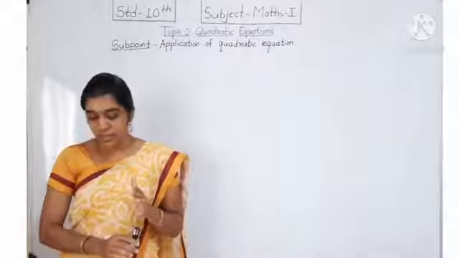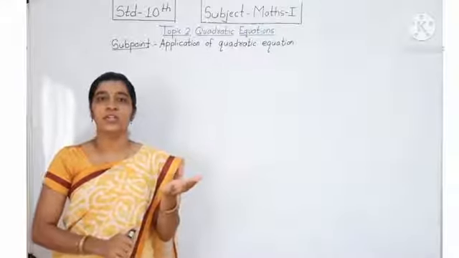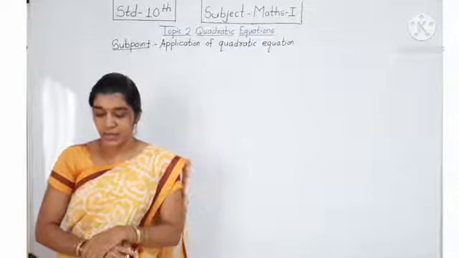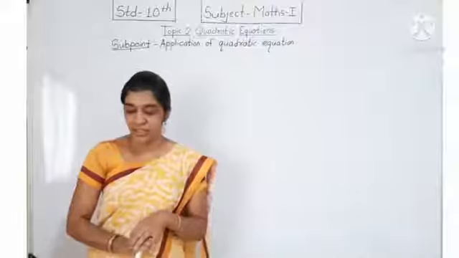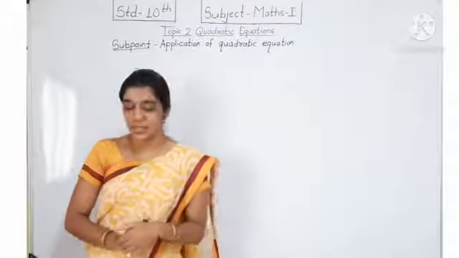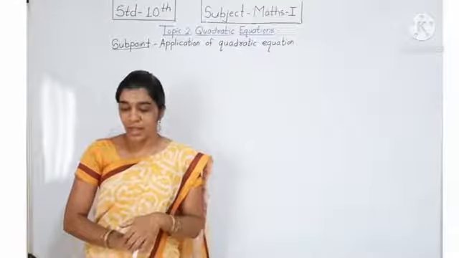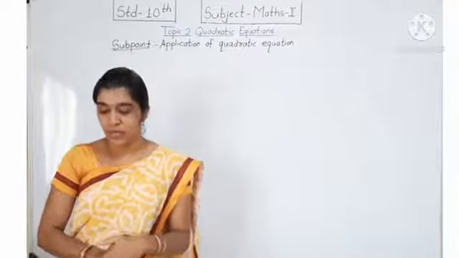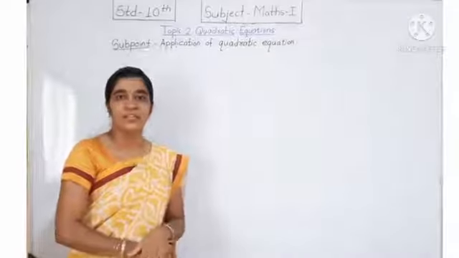First step is to convert the problem into symbolic language, and then we form the equation by identifying the relation existing in the problem. Second step is to solve the quadratic equation. Lastly, third step, interpret the solution of the given equation in verbal language.